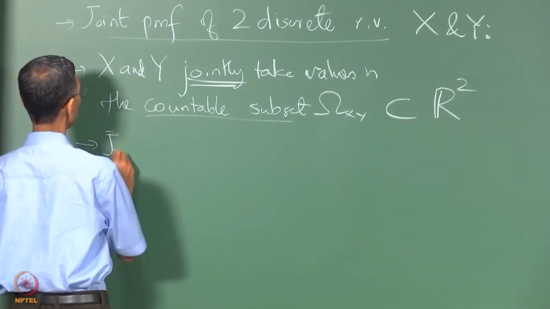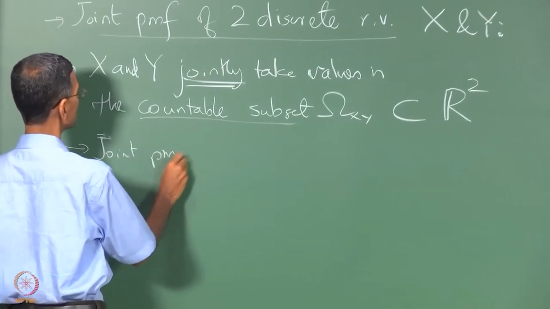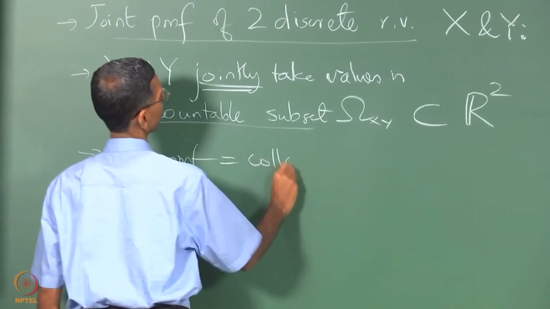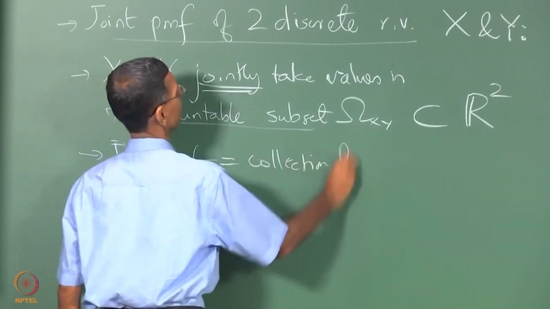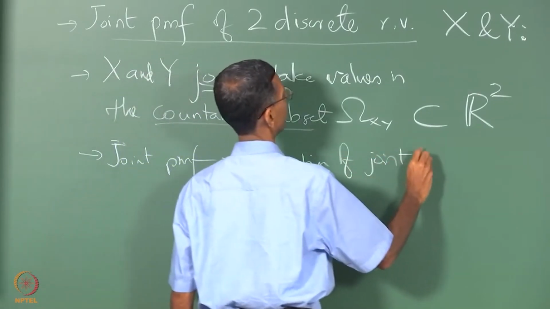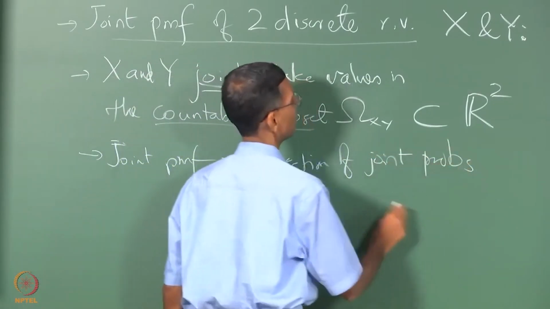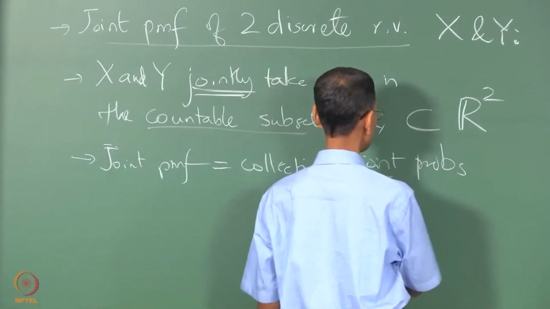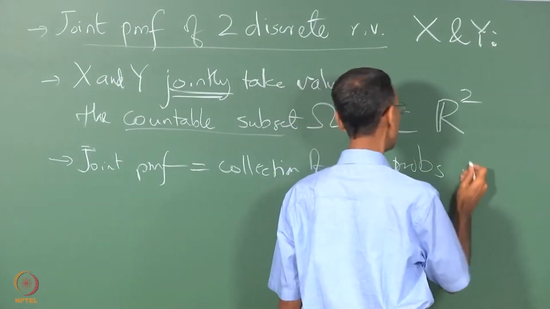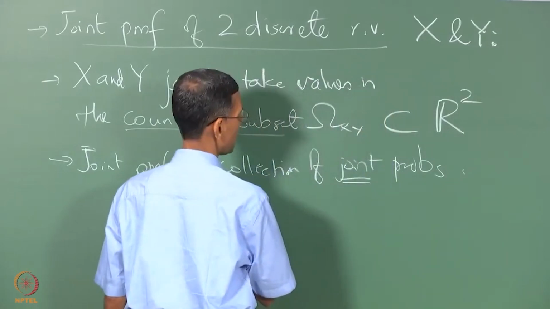So the joint PMF is basically a collection of joint probabilities. What are these? They are joint probabilities of what events?